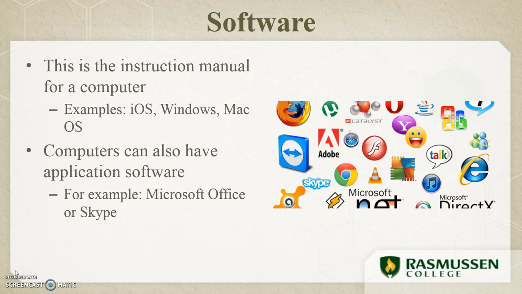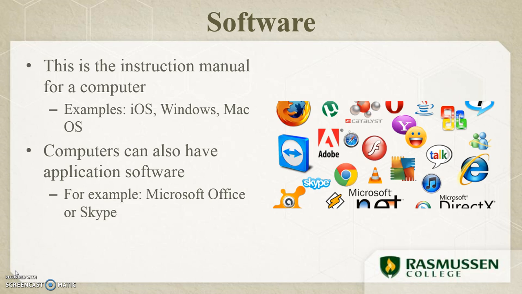The software is essentially the instruction manual that allows the computer to do its functions. It's also called an operating system. It helps to think about it this way. The operating system will help the computer to run. For example, when you sign into your computers, you have Windows or iOS or a Mac. Those are all operating systems.